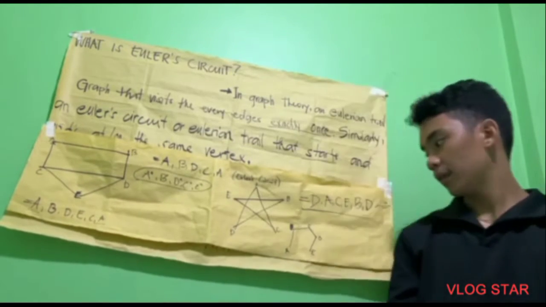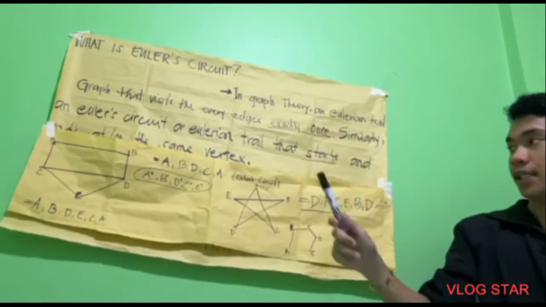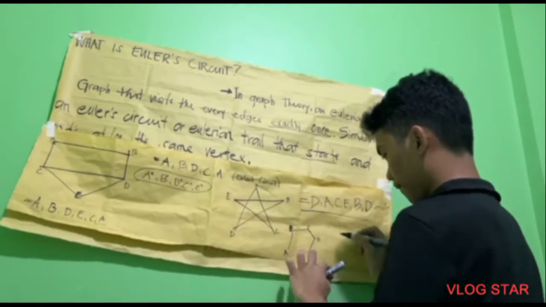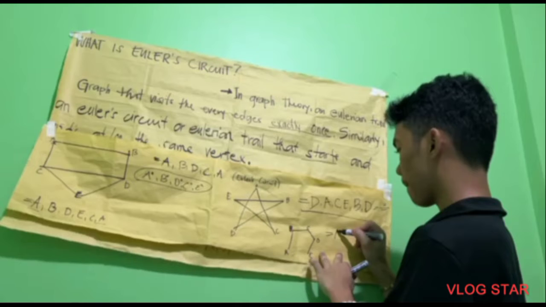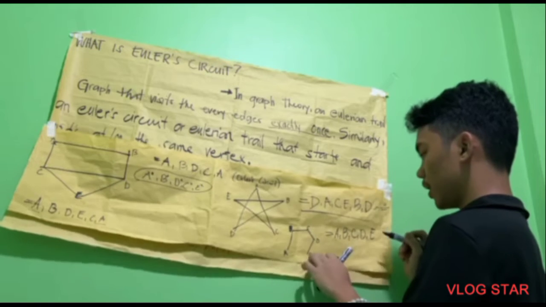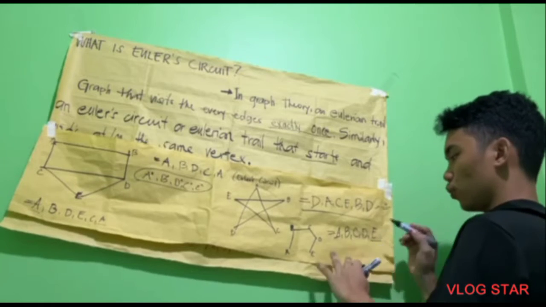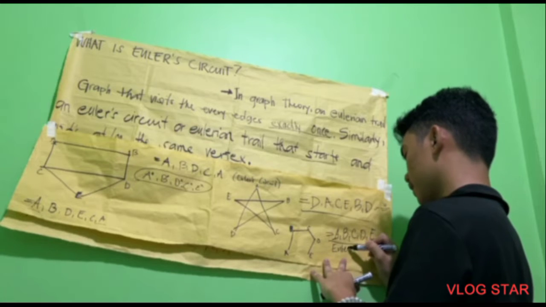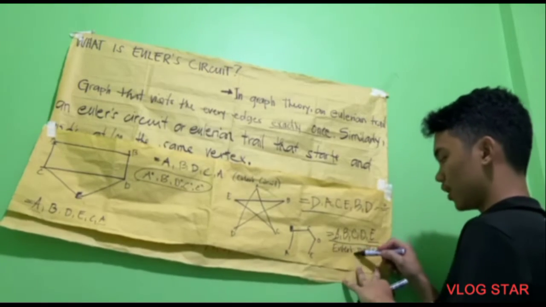So what happens if the start vertex is different from the end vertex? For example, let's start at letter A to B, B to C, C to D, and D to E. Because A and E are different, we need to call it an Euler path. It's an Euler path.